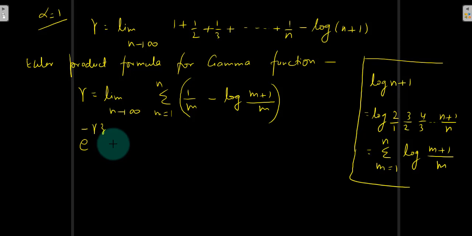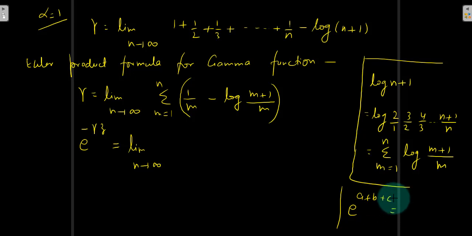If we want to find e to the power minus gamma z for using it further, we can write it as limit n tends to infinity, and we know that e to the power a plus b plus c, or anything like that, if there is a series, a summation in the power of e, it will become e to the power a multiplied by e to the power b multiplied by e to the power c.